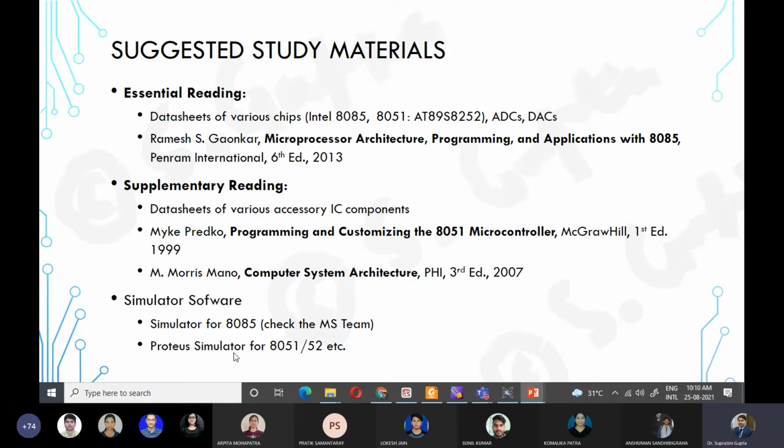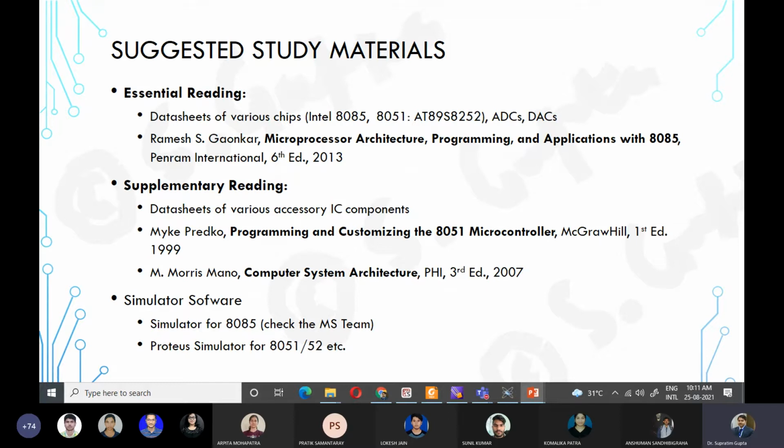Now here I want you to understand why we should study the datasheet. Till now we are all conversant and habituated with reading books only.